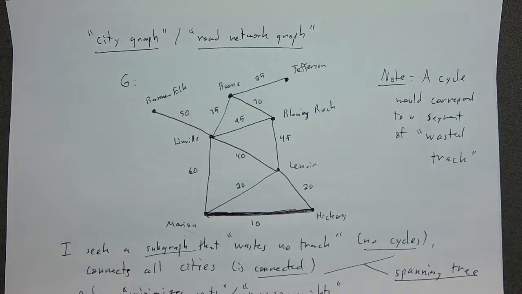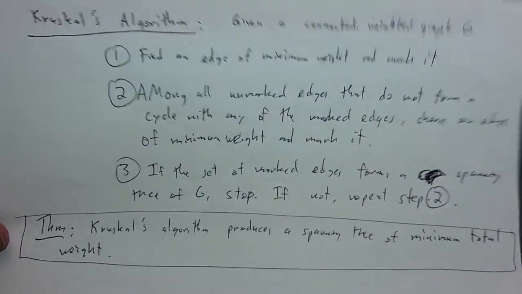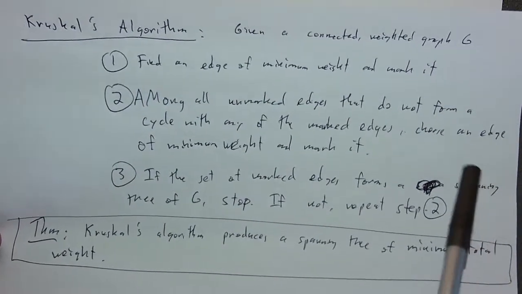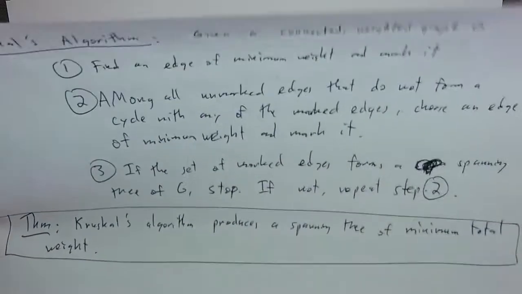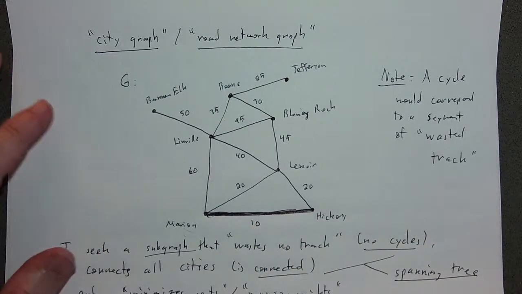Next step. Among all unmarked edges that do not form a cycle with any of the marked edges, choose an edge of minimum weight and mark it. You might think that hidden in there is a bias toward being connected to the path you've marked, but that is absolutely not the case, as we'll see in one of the steps here.